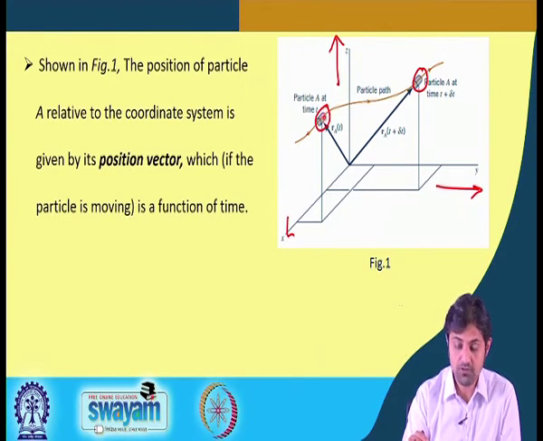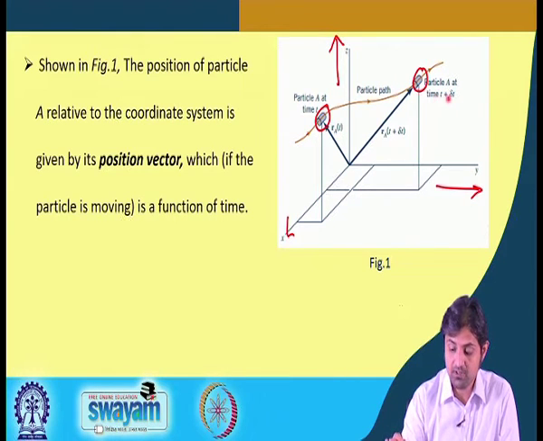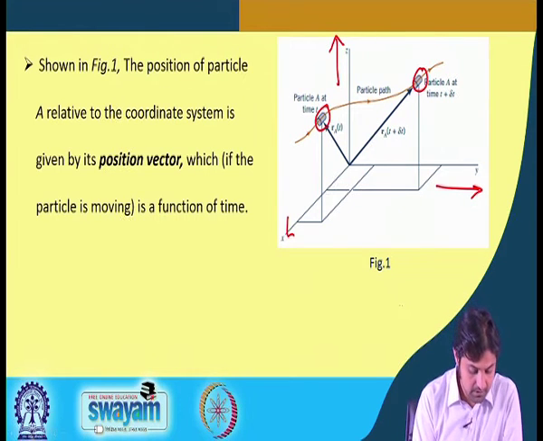So the position of this particle is given by the position vector r_A at time t, and here at time t plus delta t, this is r_A at time t plus delta t.